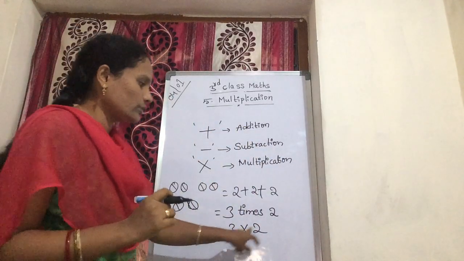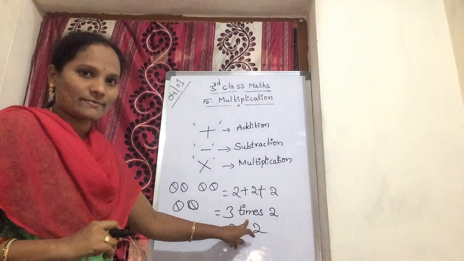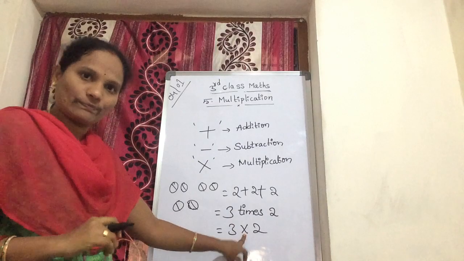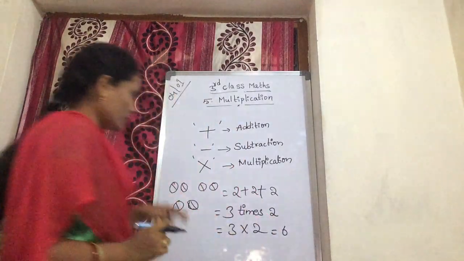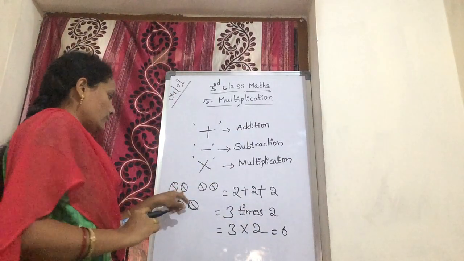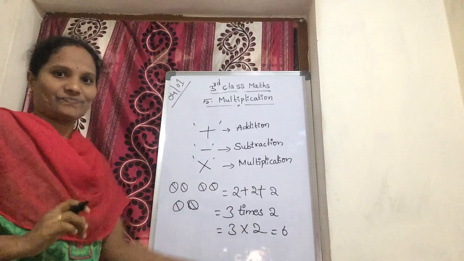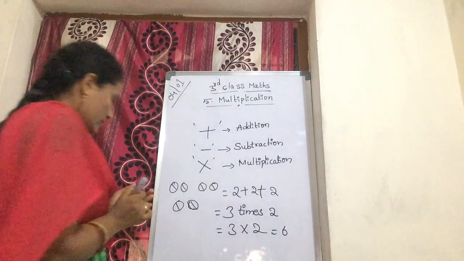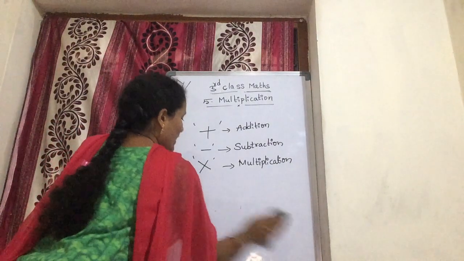Times means into. Okay, 3 into 2. You get what is the answer? 6. So you have to check it: 1, 2, 3, 4, 5, 6. Like this. Multiplication means it's a repeated addition.